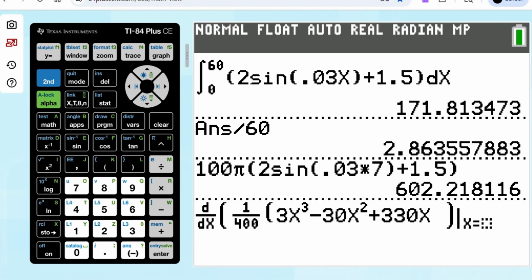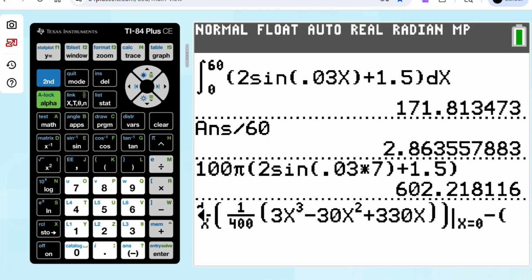So we want the derivative of that at x equals 0. And then we want to subtract from that our function s prime that we started with at 0. Let's just find this first.